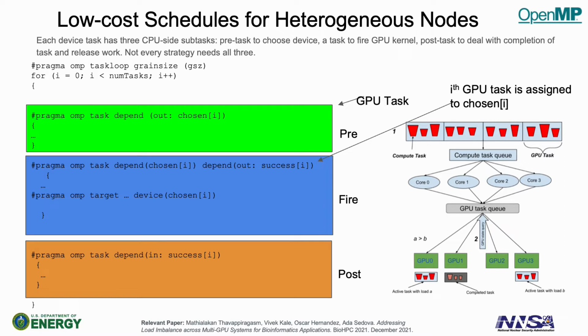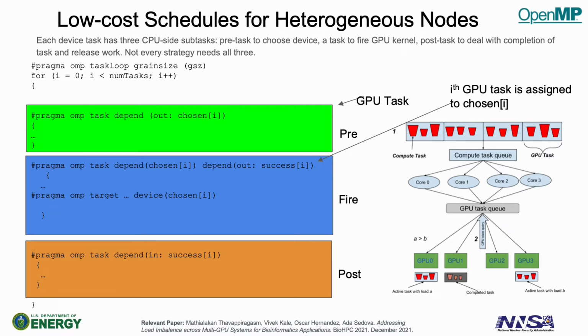Essentially, this whole colored piece is a device task, and each device task has 3 CPU-side subtasks. It has a pre-task to choose the device, a task to fire a GPU kernel, and a post-task to deal with the completion of the task and release work. You should note that not every strategy needs all 3.